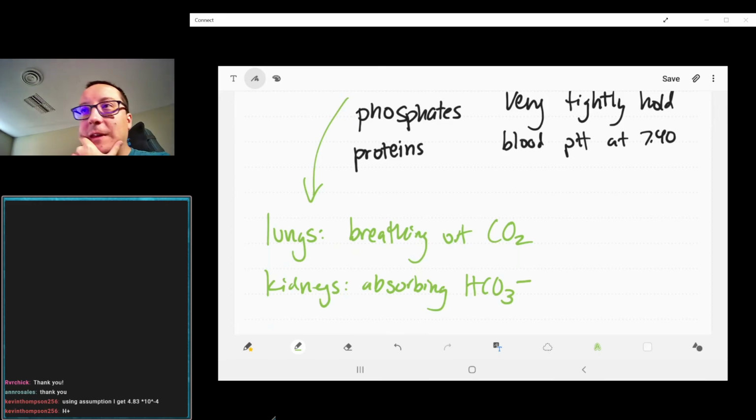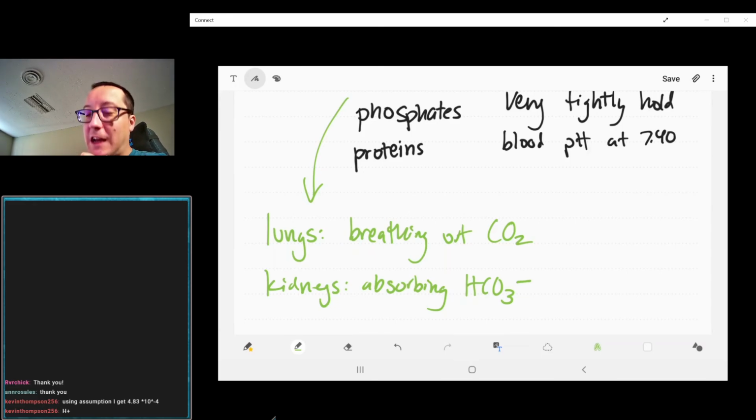So these two organs are very good at controlling this. They can control the amount of bicarbonate in your blood by controlling how much CO2 you breathe out, as well as how much bicarbonate your kidneys reabsorb from the pre-urine.